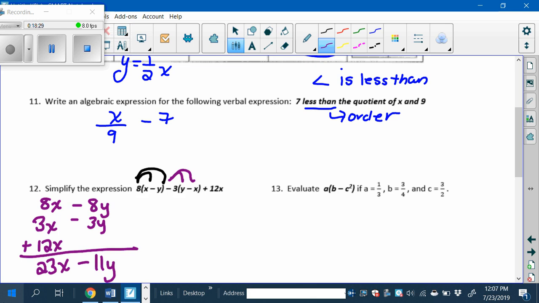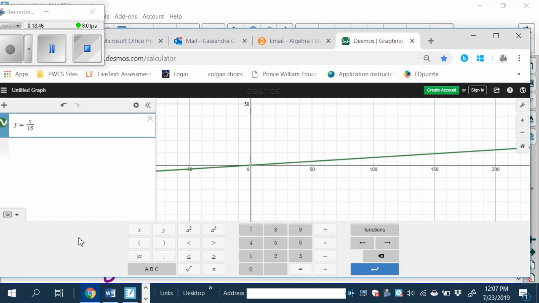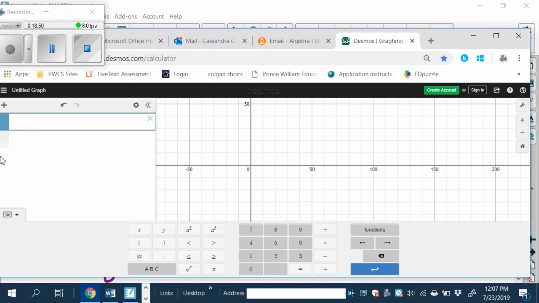So it's a times b minus c squared, right? And a is equal to 1/3, b is equal to 3/4, and c is equal to 3/2. Now, when you're doing substitution in Desmos, you cannot use x or y, so this actually works out well for me because I'm using a, b, and c.